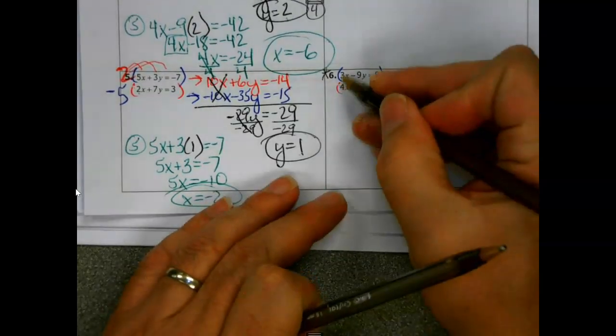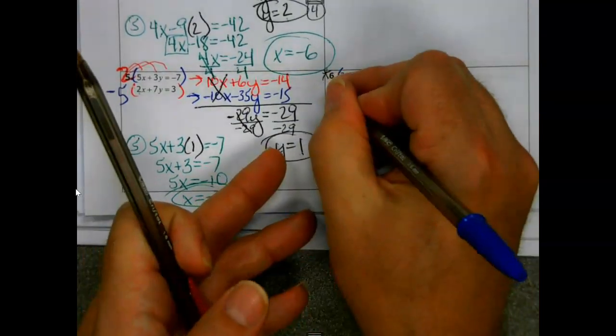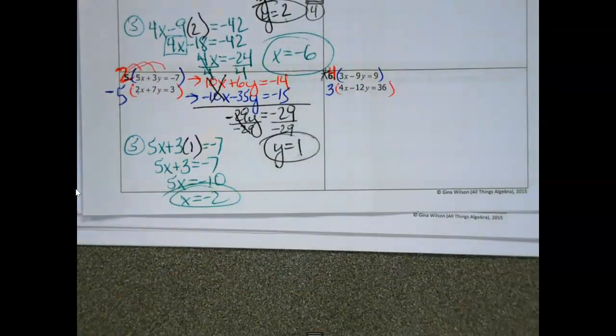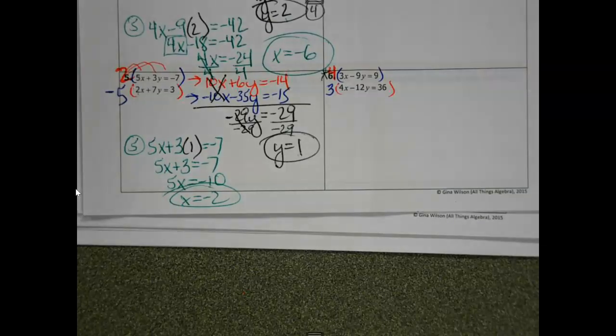So here, this 3 and this 4 are going to flop. So 3 to the bottom, 4 to the top. Wish I had left more room between the numbers. That is not 64, it's just a 4 that I'm writing.